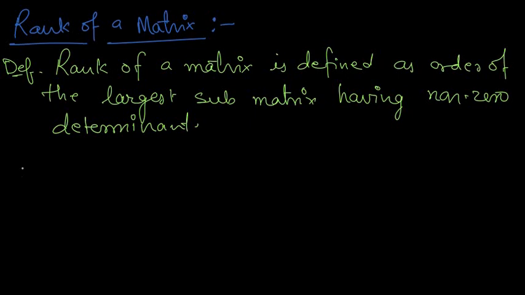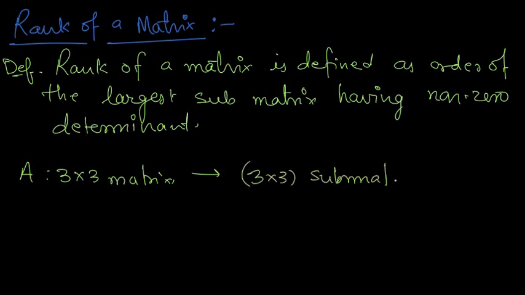Okay, it means that if you have a matrix A, let's call for simplicity, a 3 cross 3 matrix, then the 3 cross 3 submatrix is only 1 in number.